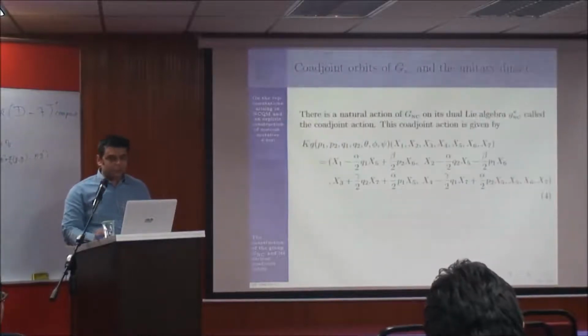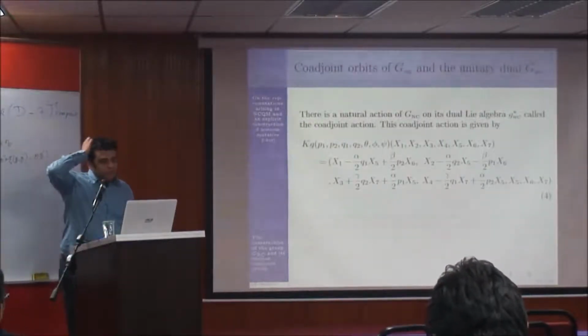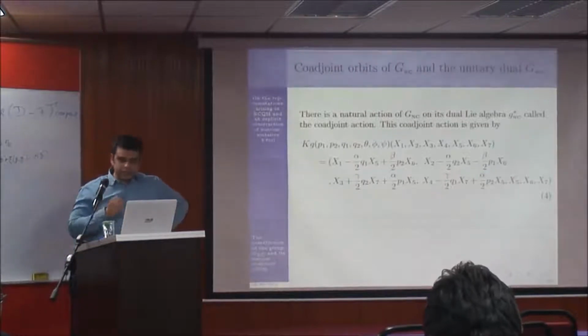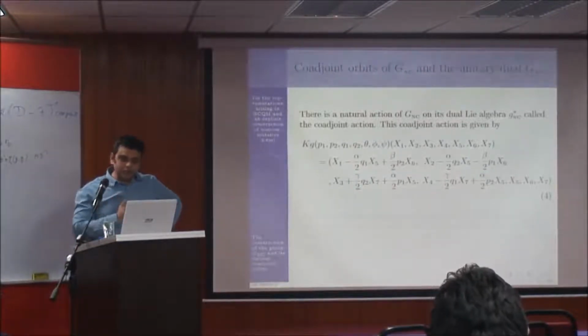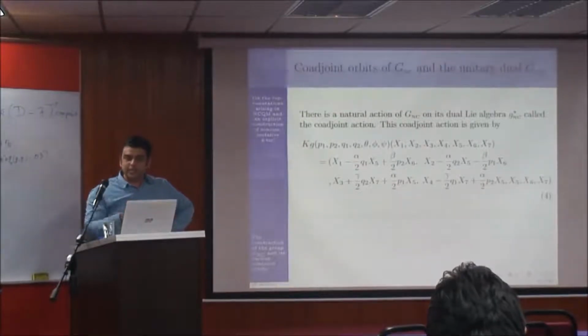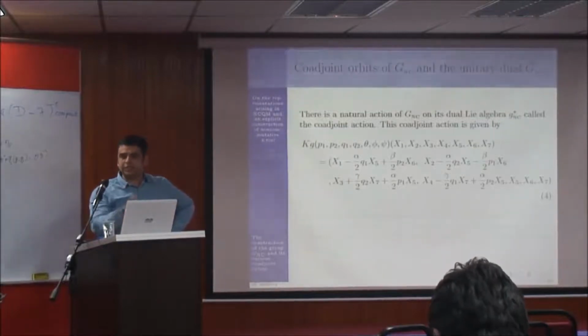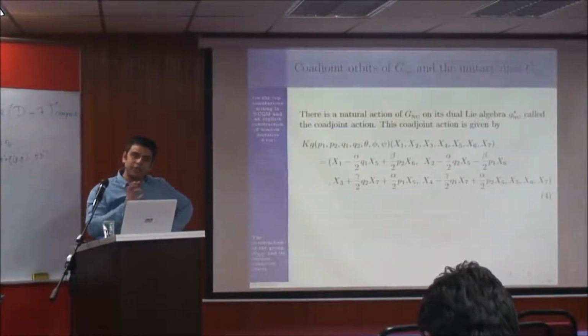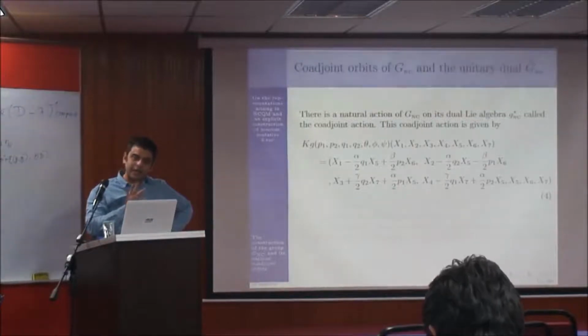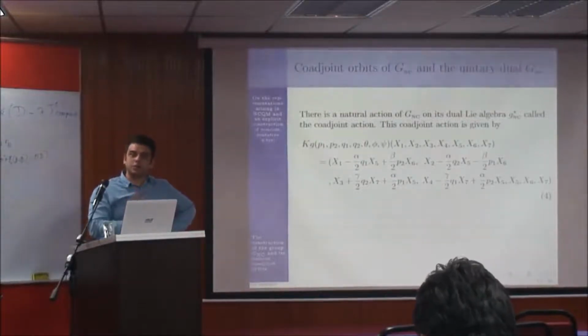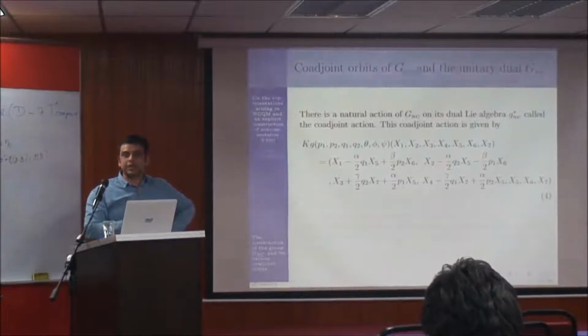Now it's important to see this. If we denote the Lie algebra of the corresponding group by small g and its dual Lie algebra by g star, then everyone knows that there is a natural action of the group on the dual of the Lie algebra, which is called the coadjoint action.